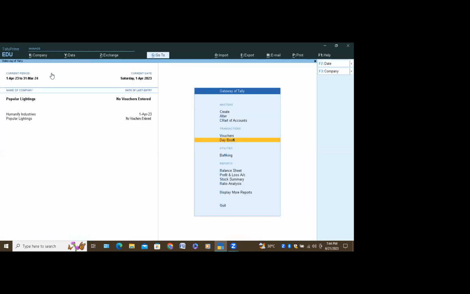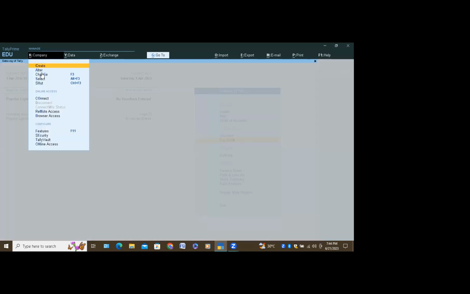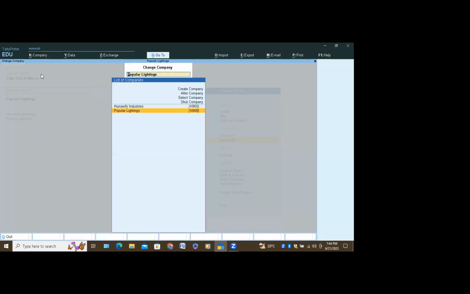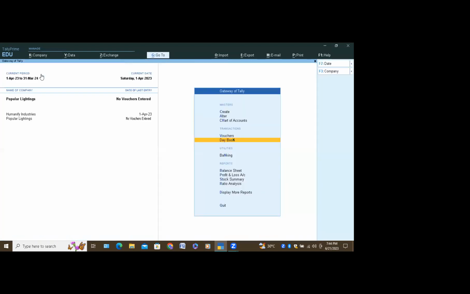Click on Company. Click on Change. Come back again. Okay, done. Again you click on the same Company option. Now you open Humanify.